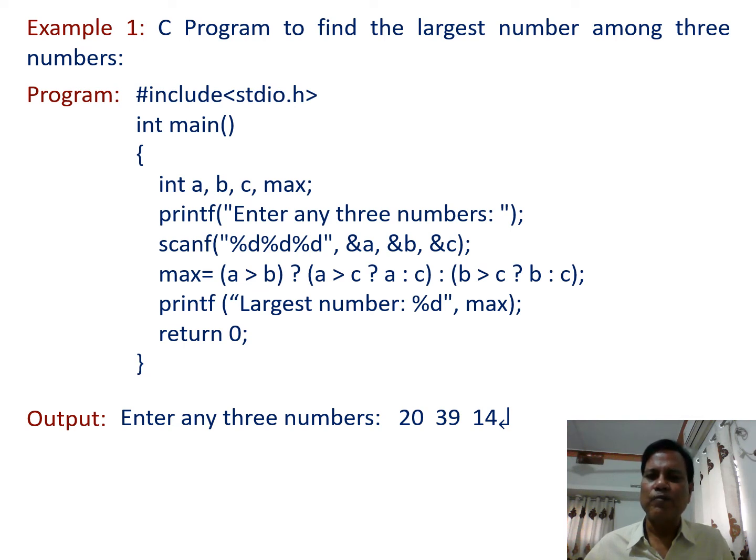This is true, so we assign the value of b to the left side variable max, that is 39. Then in the printf, the largest number, colon, with the %d format specifier, the value of max, that is 39, gets printed. So we get the output largest number.